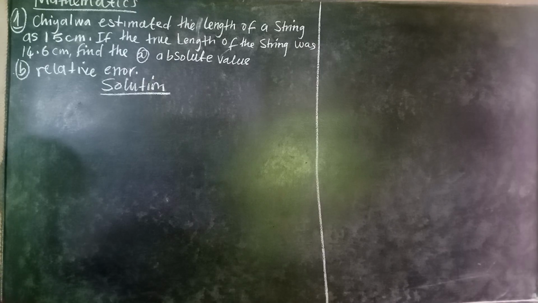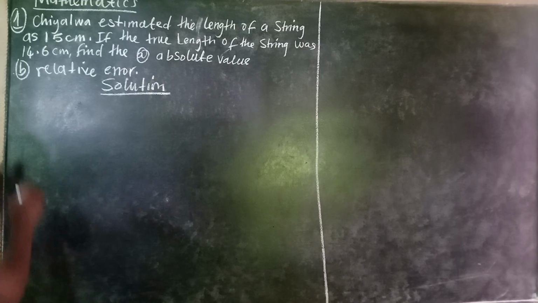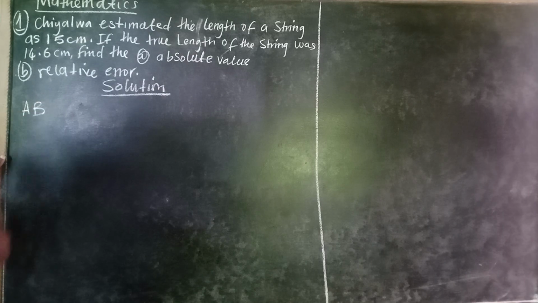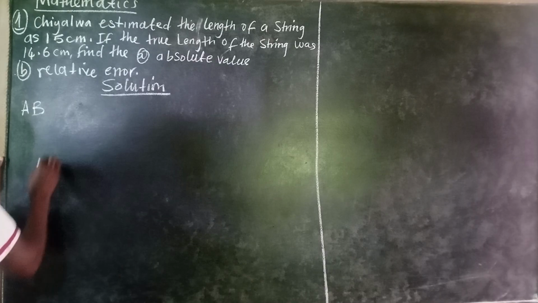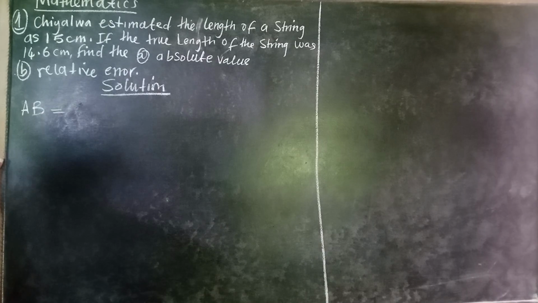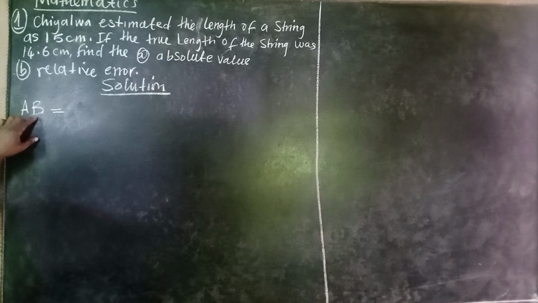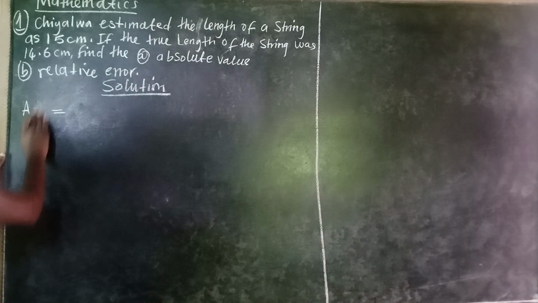So for absolute error or absolute value, the formula is this one, okay? So absolute error, we just write like this: absolute error is equal to, this A is representing absolute, then the value, or I mean error, we say E.